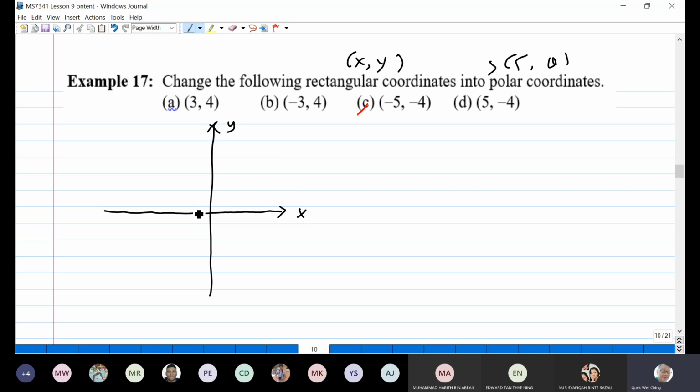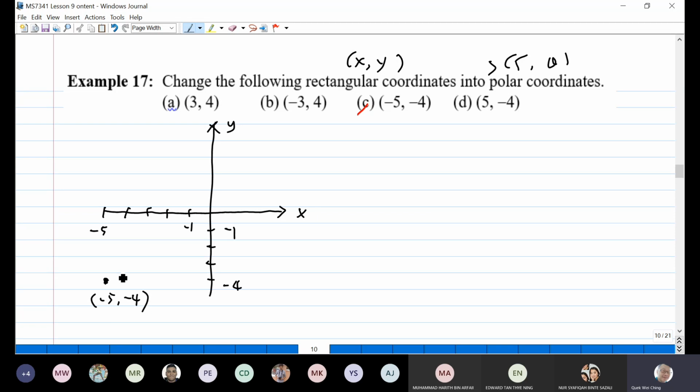So you get minus 1, minus 2, minus 3, minus 4, minus 5. Okay, and then y is minus 4 now. So minus 1, minus 2, minus 3, minus 4. So if you draw this, the point is here now. The point is actually -5, -4.